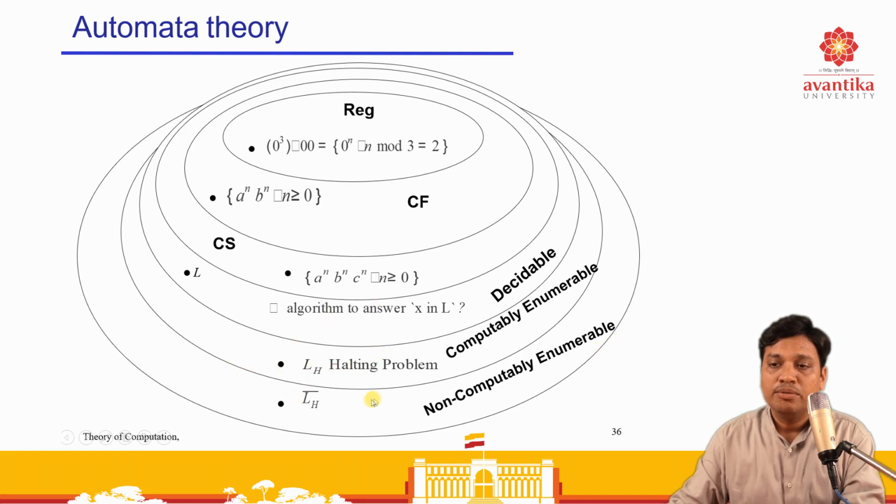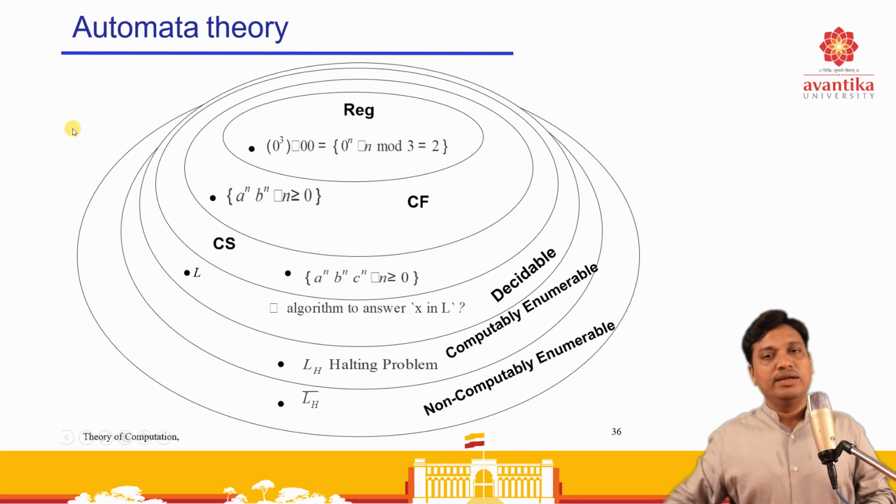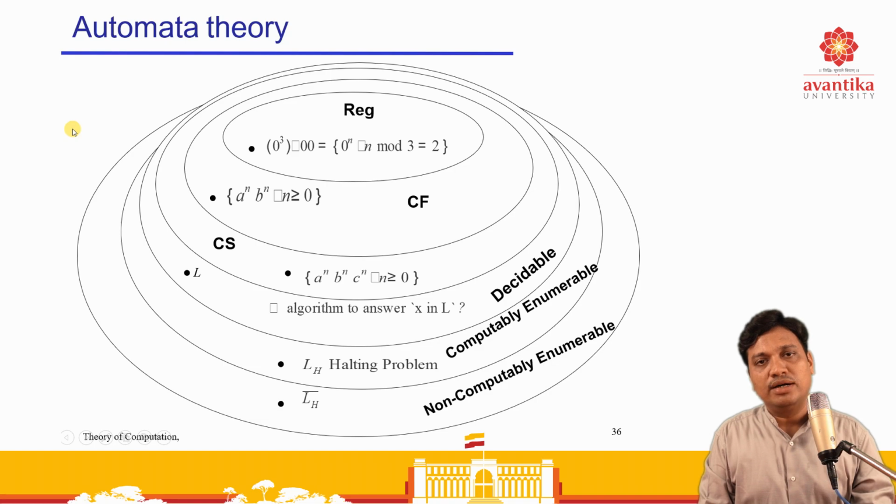So we conclude that in this lecture we learned about DFA and NFA, the first property of the Chomsky classification, type 3 grammar, and the complete comparison between DFA and NFA.